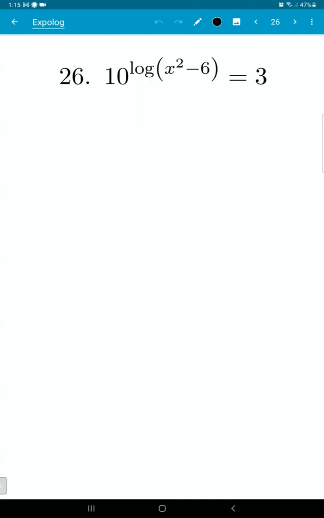Anyone? Okay, no one can answer. How does the left hand side simplify? Can you simplify the left hand side there?